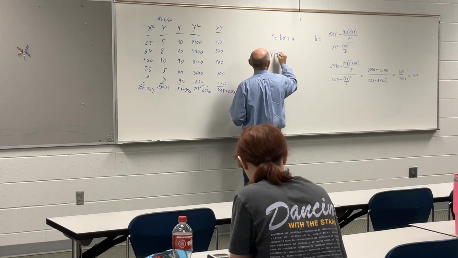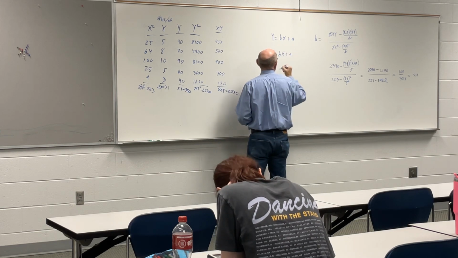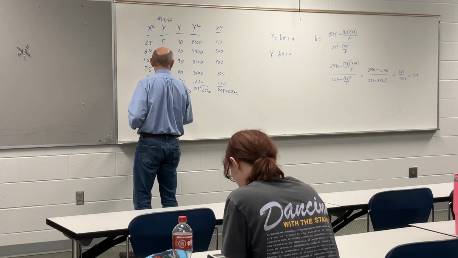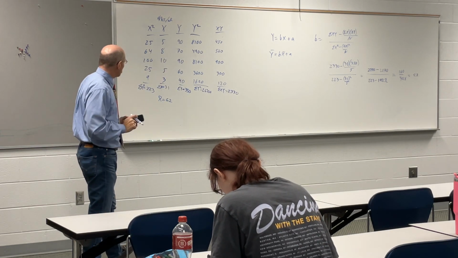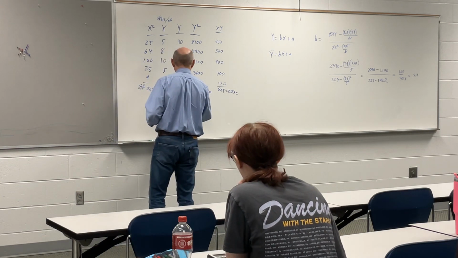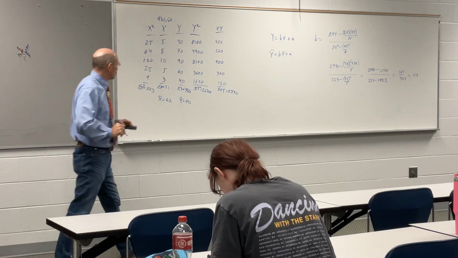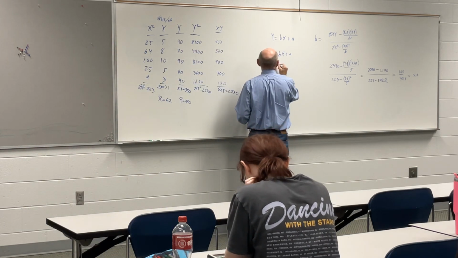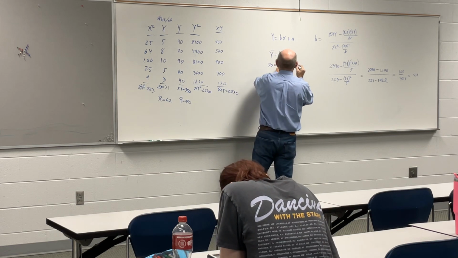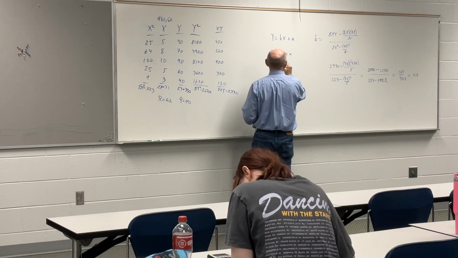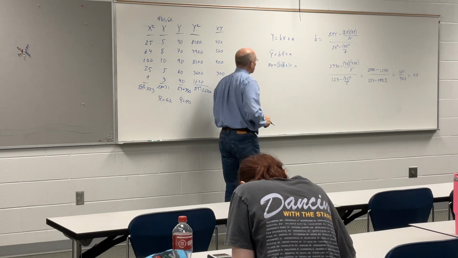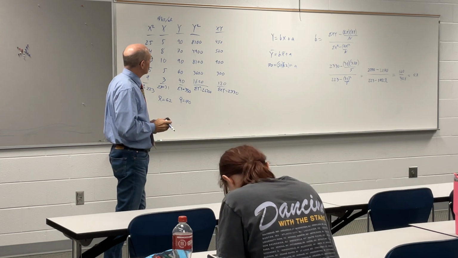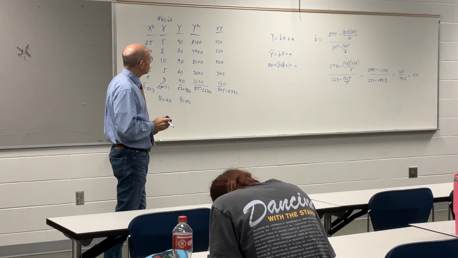I want to choose the best representative for my x and my y, so I use my means. .2 for x bar, and for y, 70. Plugging in values. 41.4.